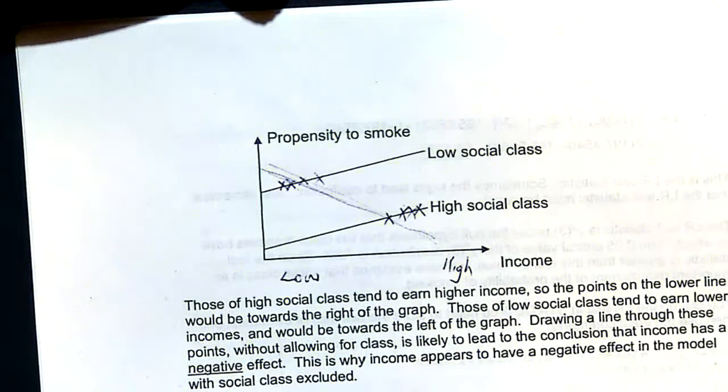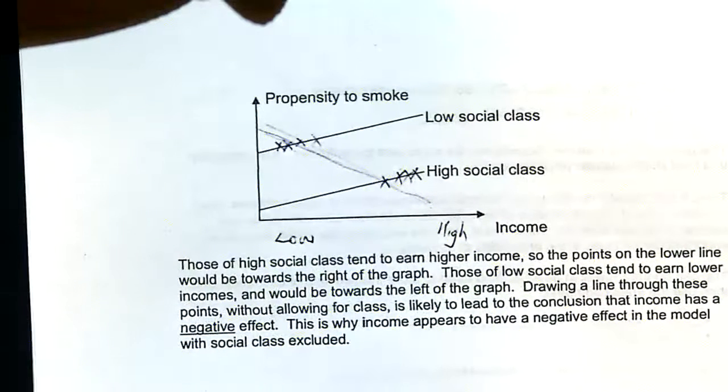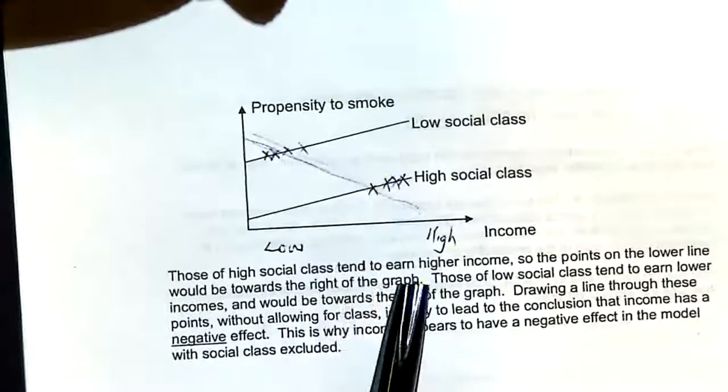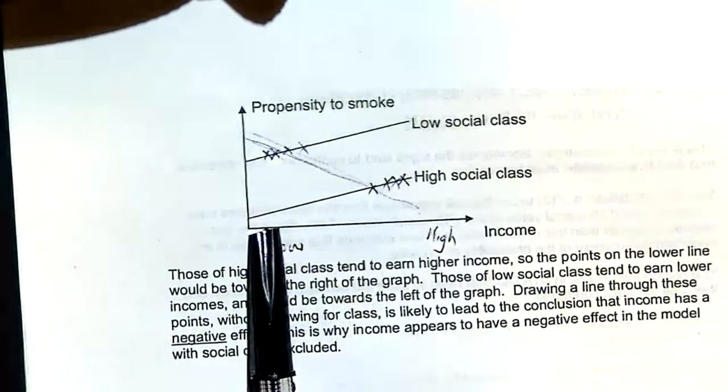I'm not sure if I've really said that as clearly as I might. So what we're saying is, of course, there are people in low social classes that have high income, and similarly, there are people in the higher social class that have low income.